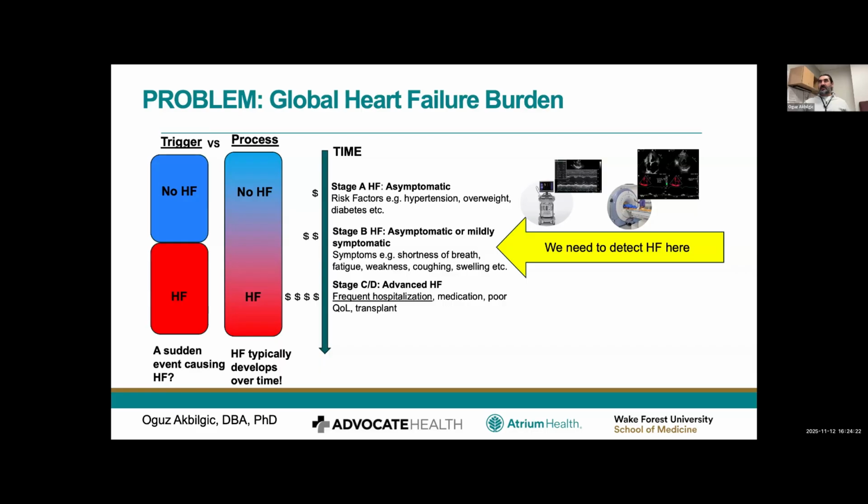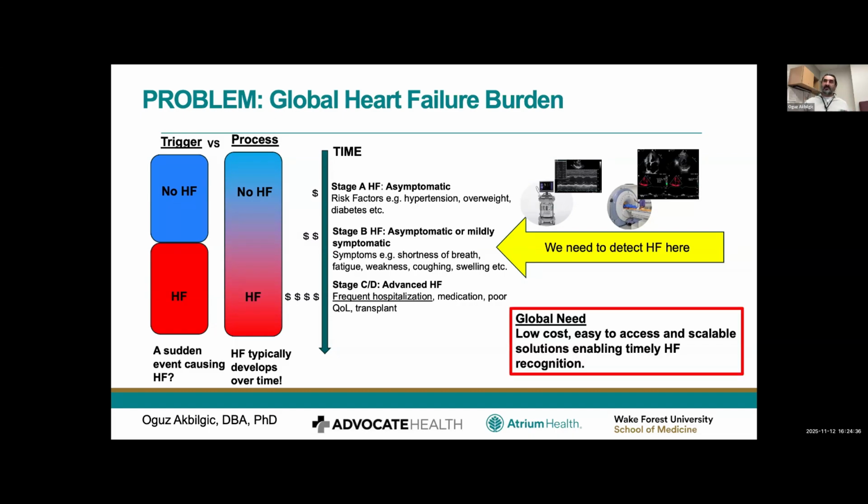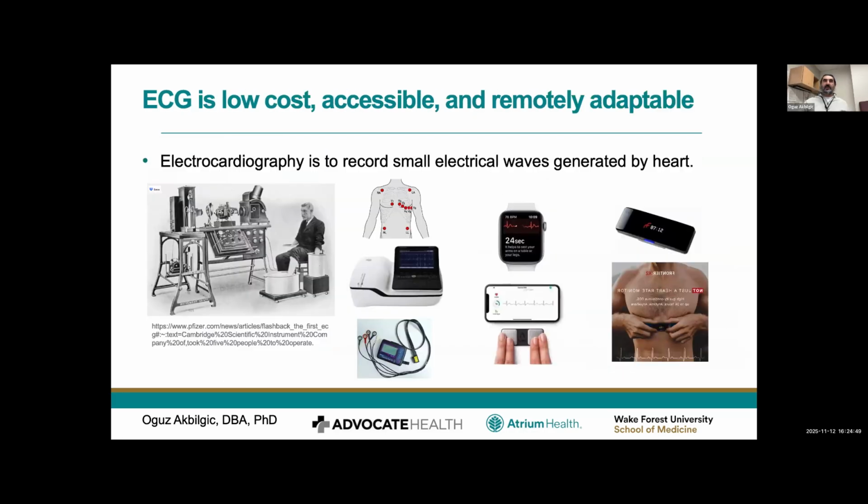But there is no such thing as heart failure screening, because those modalities, like echocardiogram, MRI, and CT, may be gold standard diagnostic tools, but they are very expensive and not accessible. That's why, if you want to detect heart failure at stage B, we need low cost, easy to access, and scalable tools that enable timely recognition of heart failure.